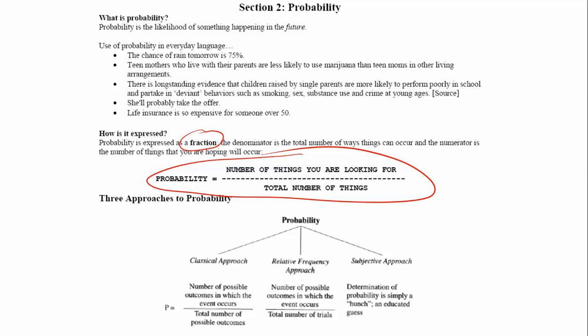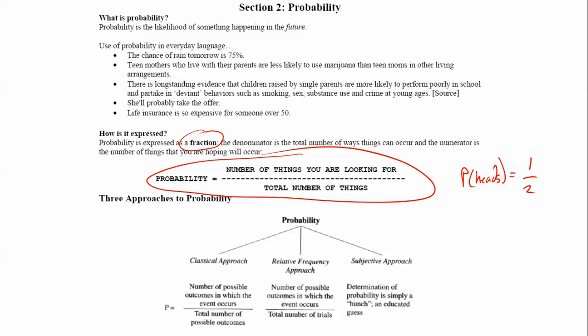So we would say that the probability of a heads is equal to 1 over 2, or 1/2. And that's a very simplified example, but that is what probability is all about. It's counting the number of things that we're looking for divided by the total possible ways that it could occur.